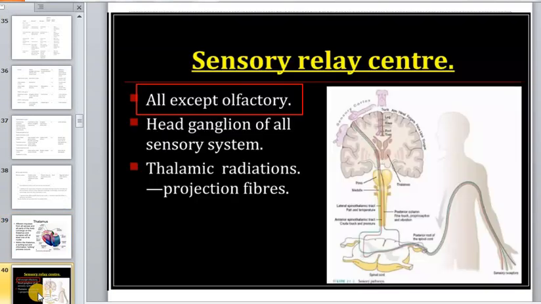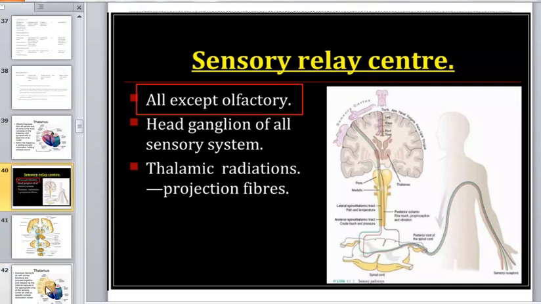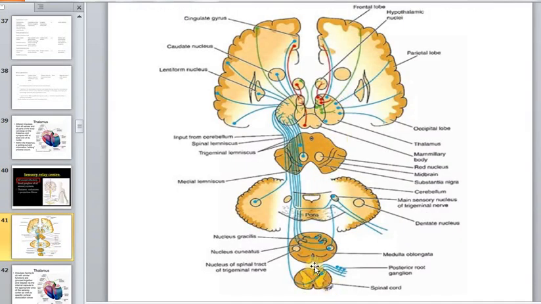So it's a sensory relay center, for all except olfactory, the head ganglion of all sensory systems, and thalamic radiations, which are just projection fibers from the body to the cortex. And here we see these fibers from the spinal cord through the medulla oblongata and even from the nuclei of the cerebellum up. Do you see this connection with the different parts of the red nuclei in the midbrain?